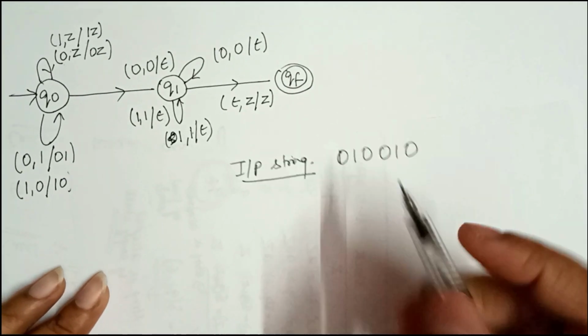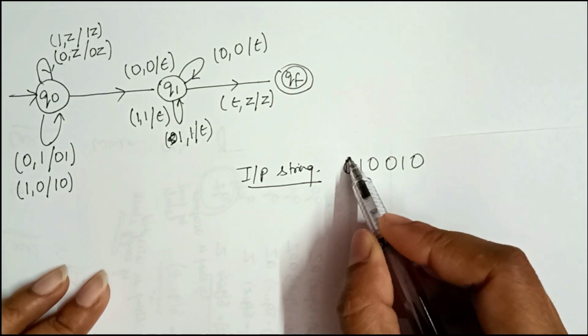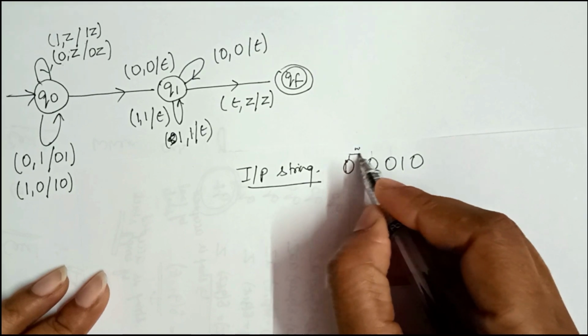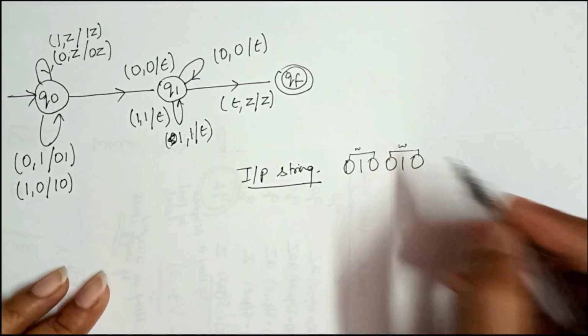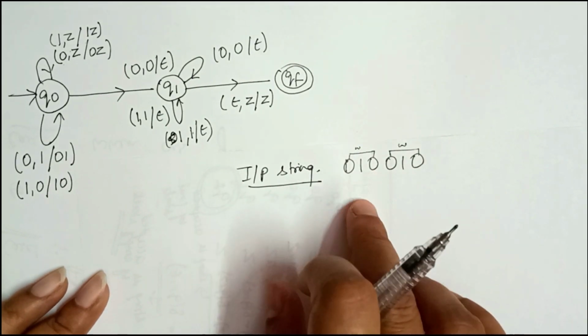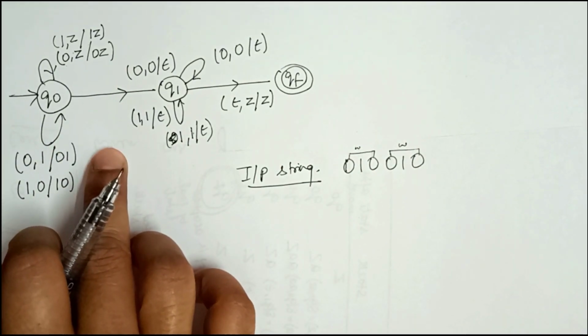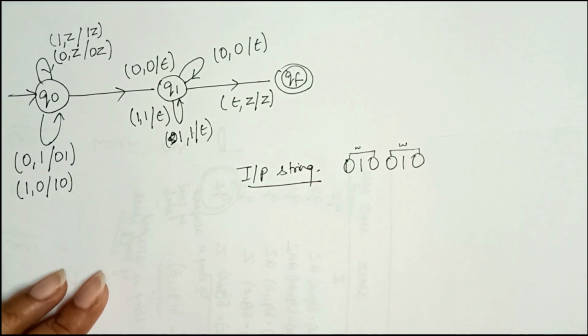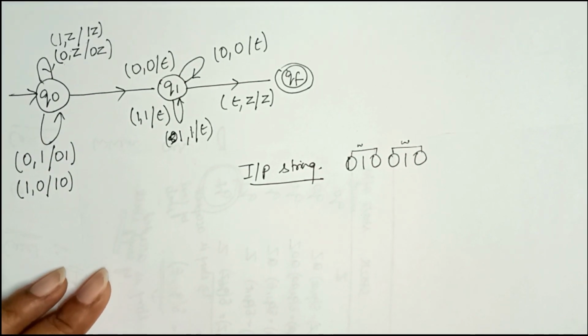Now, as we know, if 0 1 0 is W, then this is the reverse of this W. So this means this is an even length palindrome. So this string has to be accepted by this machine if this pushdown automaton is correct. Let me check.